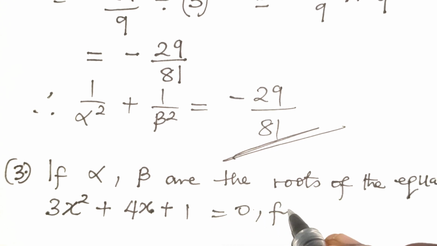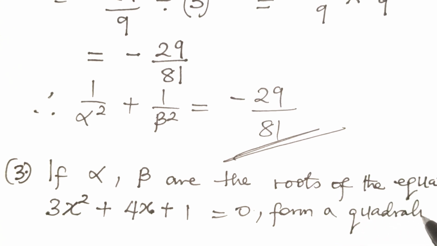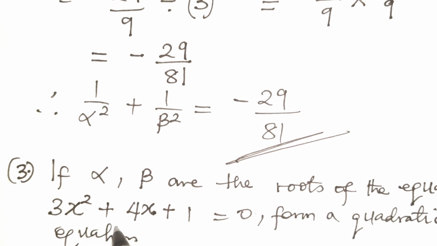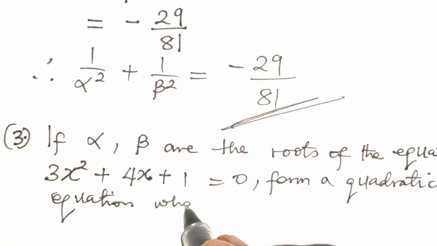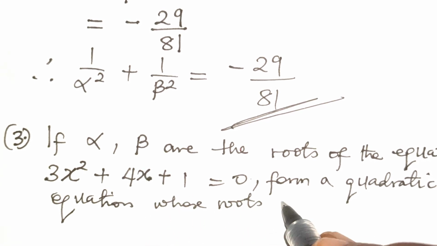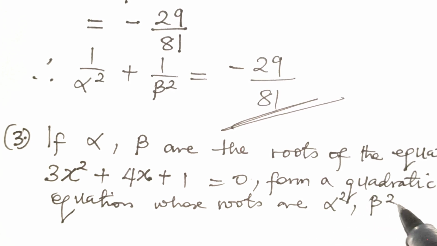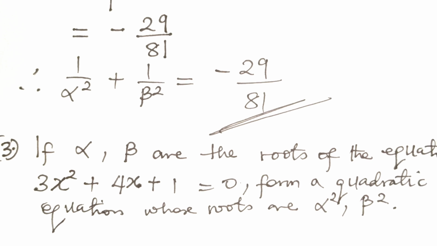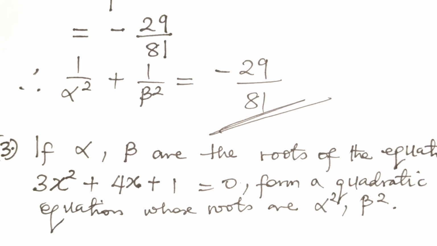Form a quadratic equation whose roots are alpha squared and beta squared. Okay, we are going to form a quadratic equation that has the roots alpha squared and beta squared.